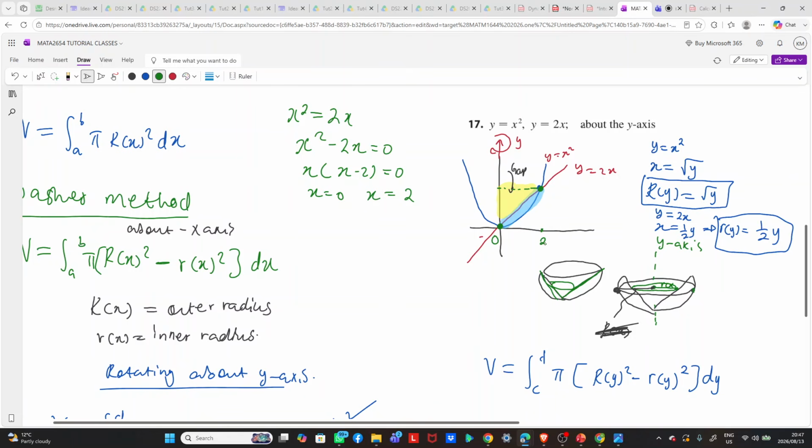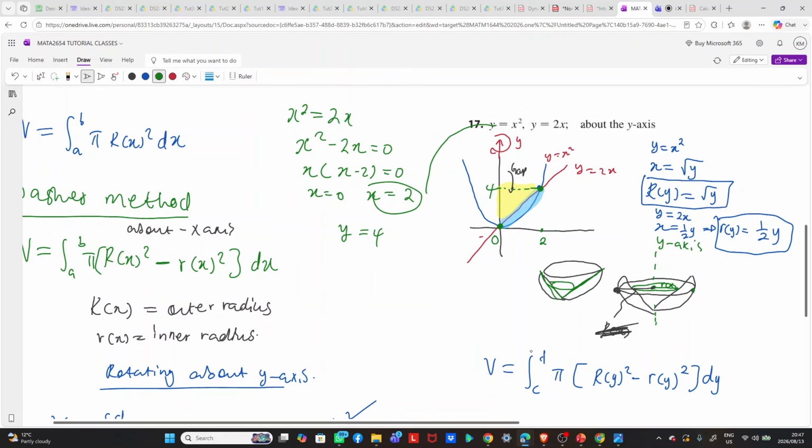When x is 2, what is y? Take this x value, substitute it into one of the two equations, either this one or that one. It will give you the same thing. If you substitute it in here, for x equals 2, we get y equals 4. So the value here is 4.